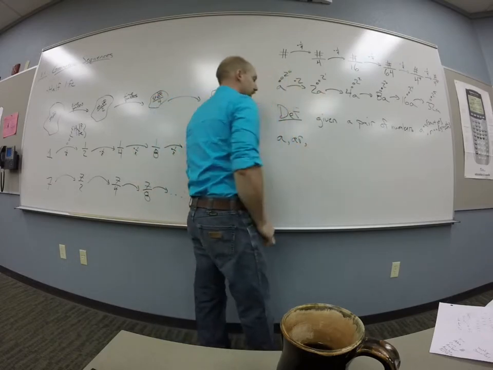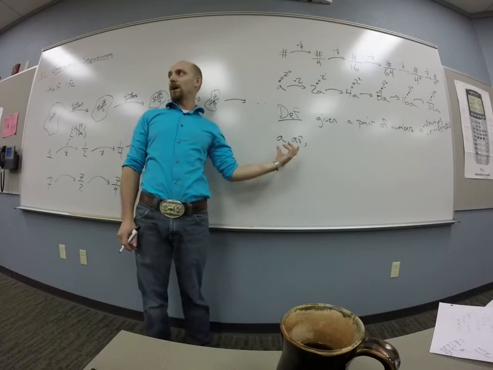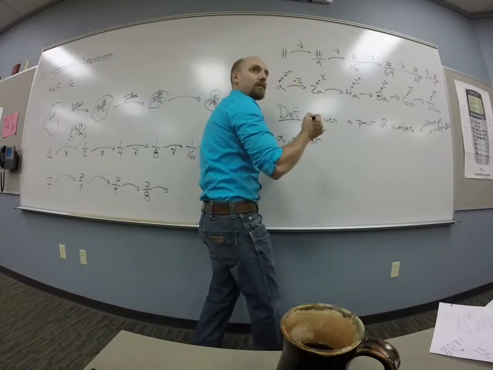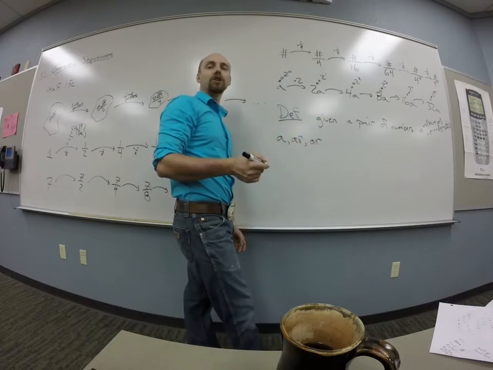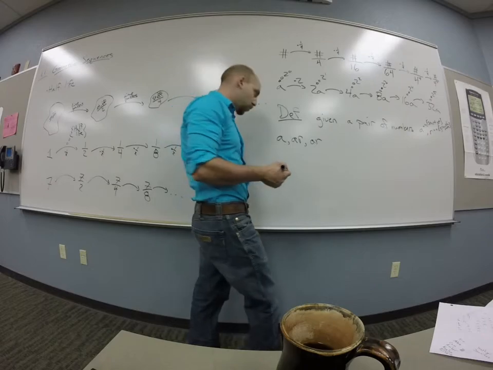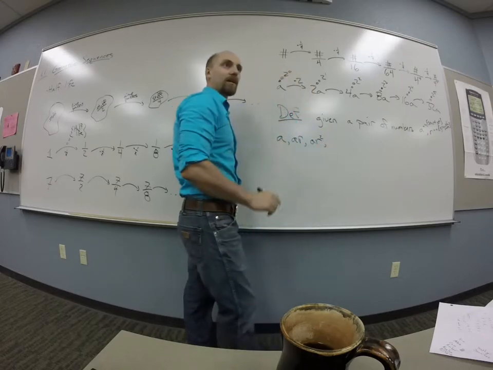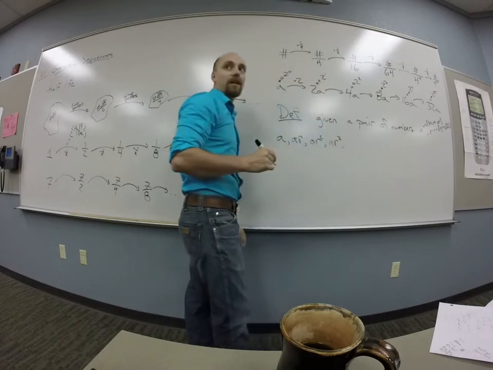Okay. What's the next one? You guys see that the commas are shorthand for the arrows? A, AR, AR times R, which is AR squared. What's the next one? AR cubed. What's the next one after that?